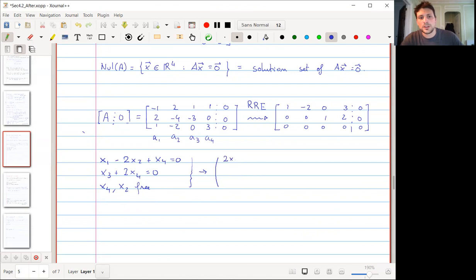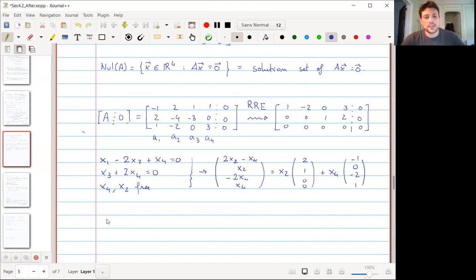Packaging this information into vectors, we see that the general solution looks like this. x1 is equal to 2x2 minus x4. Then we have x2. x3 looks like minus 2x4. And then we have x4. In other words, we can write this isolating x2 and x4 as follows. x2 has a 2, 1, 0, 0, and x4 appears with minus 1, 0, minus 2, 1.